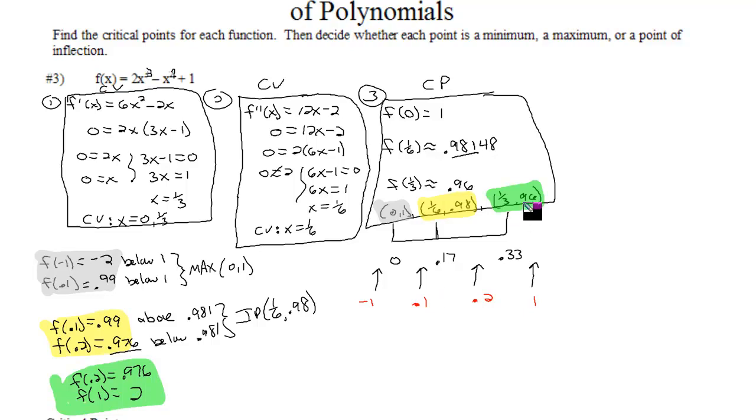Comparing these y values to this green y value, 0.976 is above 0.96. It's higher.